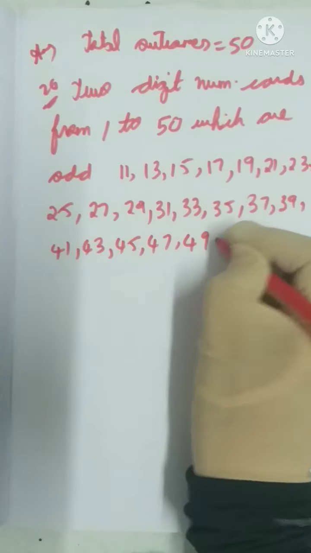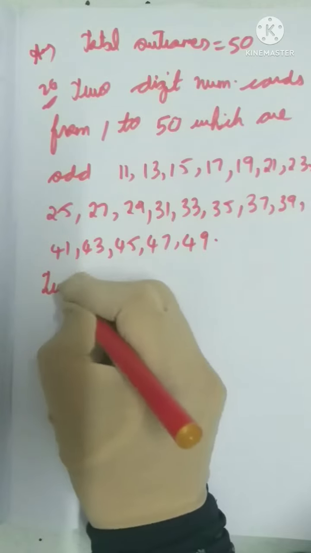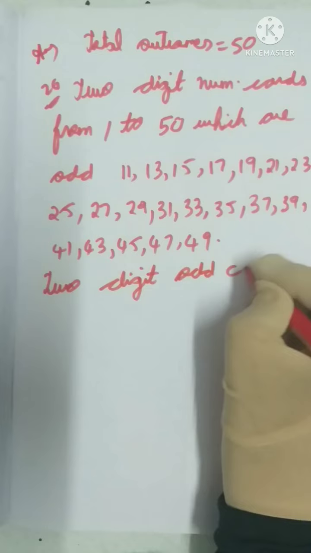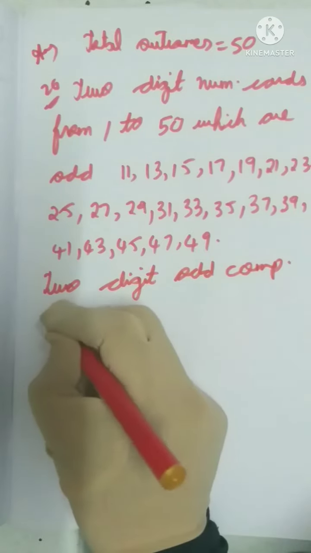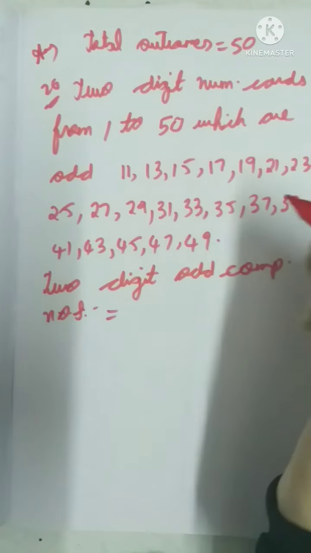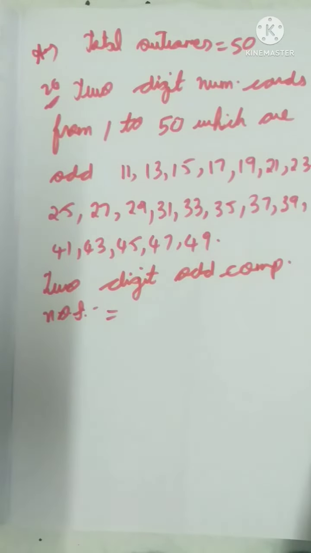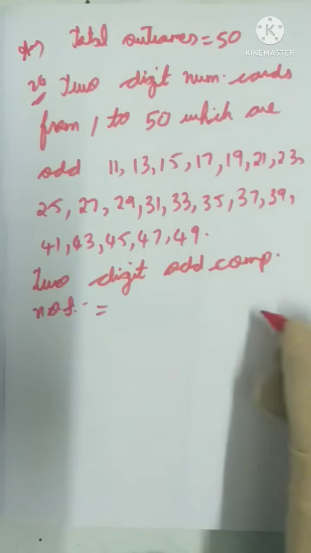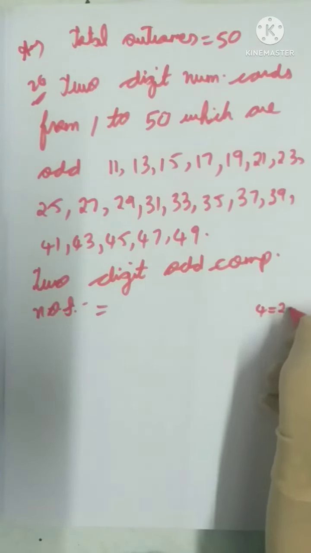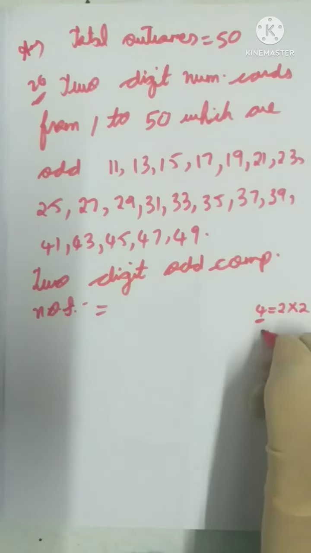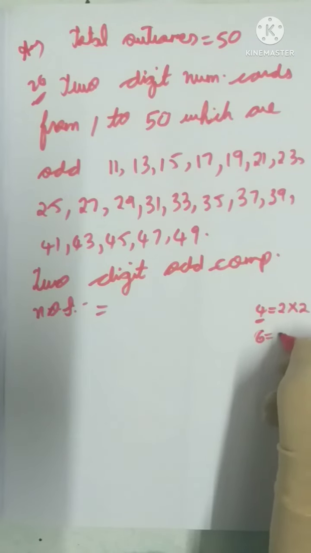So here we need 2-digit odd composite numbers, right? So what are they? Composite numbers are the numbers which have more than 2 factors. For example, 4 can be written as 2 twos are 4, so we can say 4 is a composite number. 6 can be written as 2 threes are 6, so 6 has factors 2 and 3.